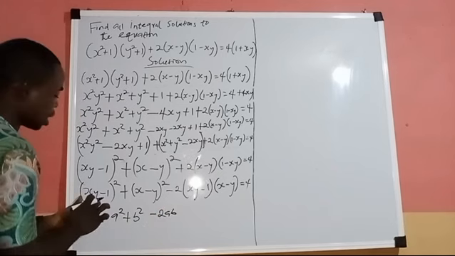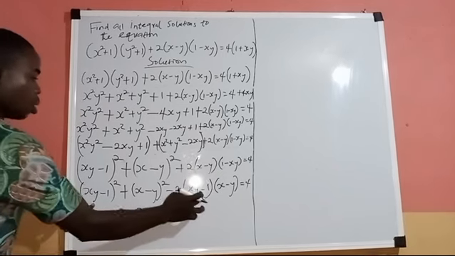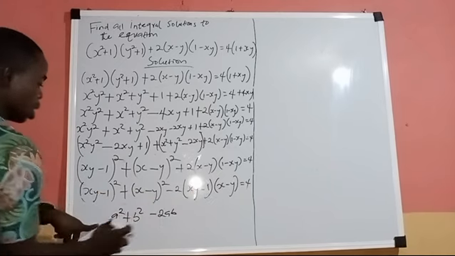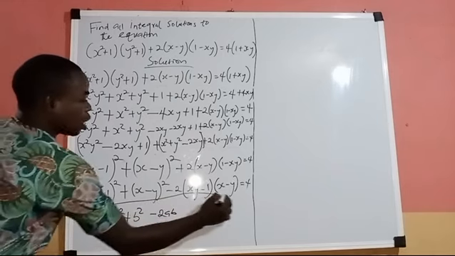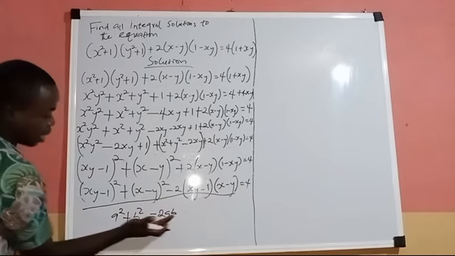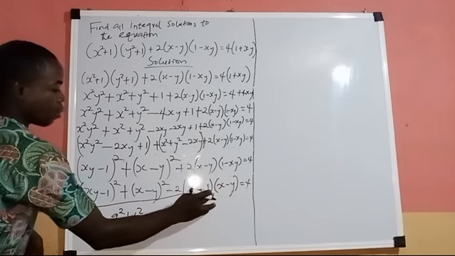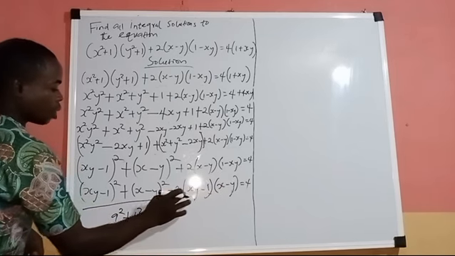If you say that this term is a, you also see the a here, and if this term is b, you also see it. So this whole thing is looking like this, and because it's looking like that, we can rewrite this whole thing as something else.